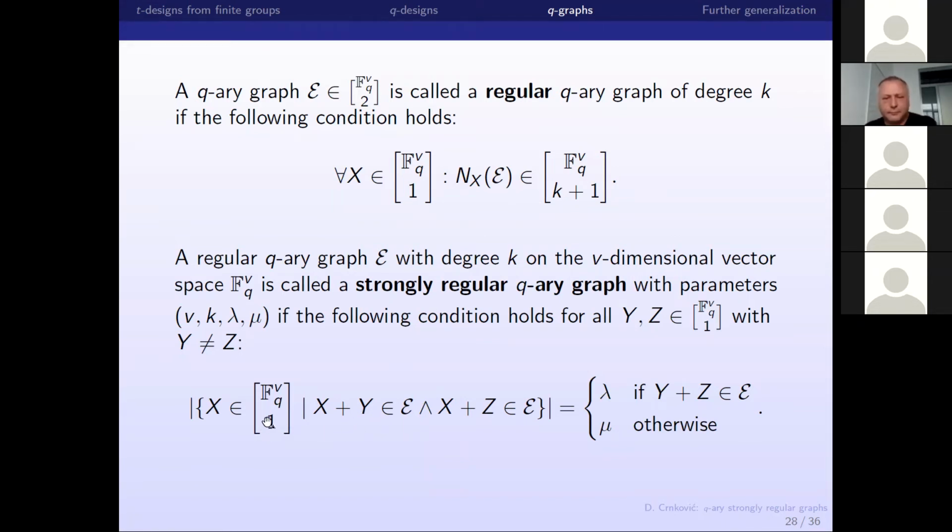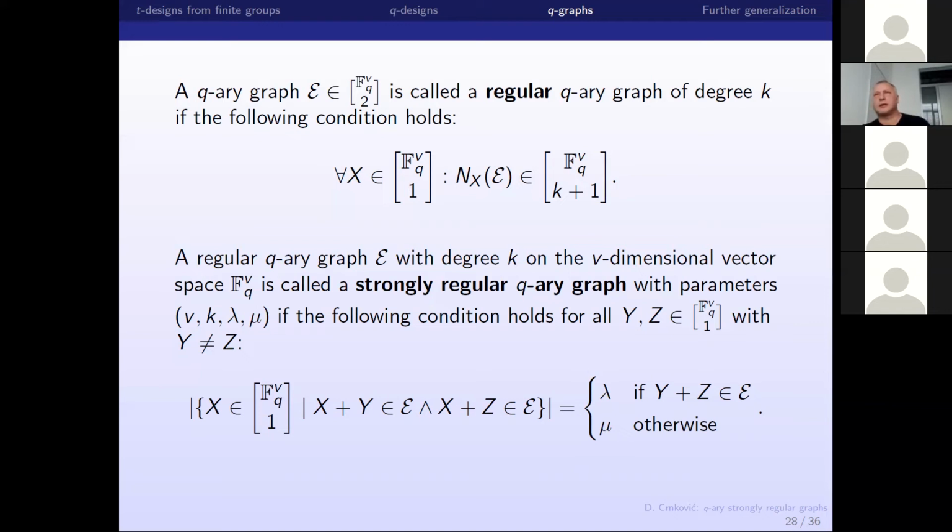For all the vertices y and z, the number of vertices, or to be precise, the number of one subspaces x such that x plus y is an edge and x plus z is an edge, is lambda if y plus z is an edge, or mu otherwise.